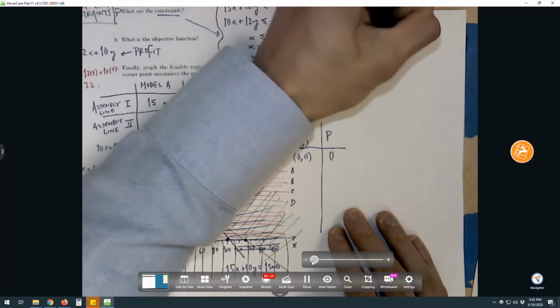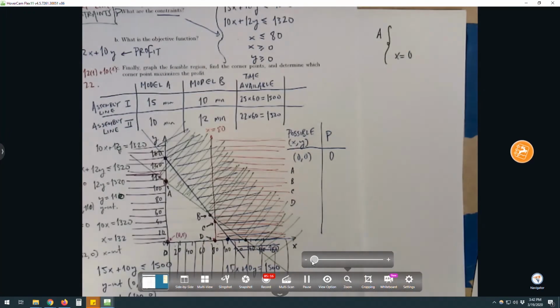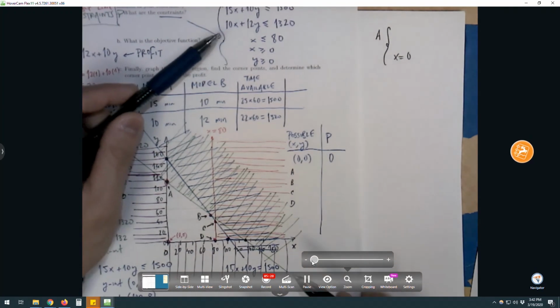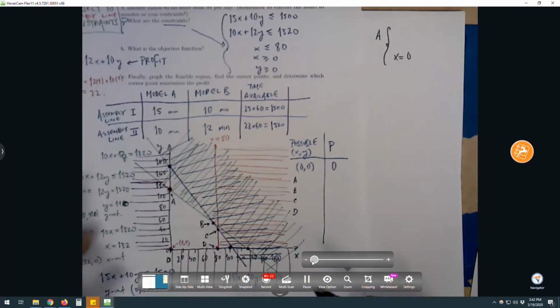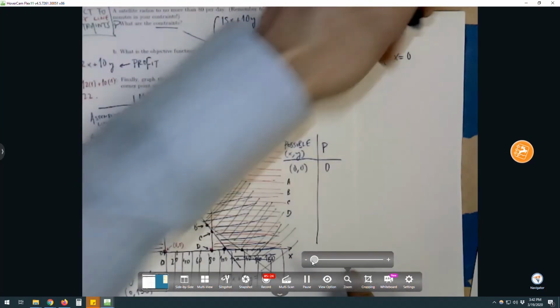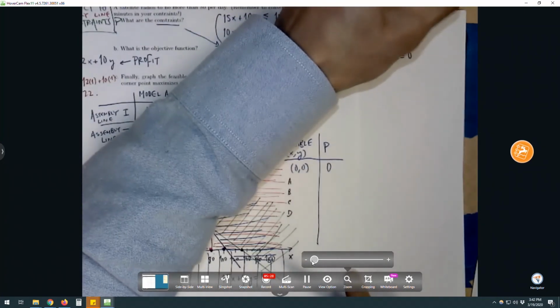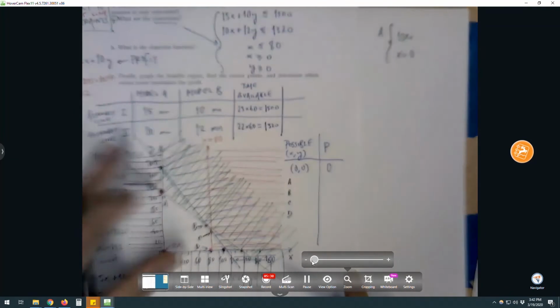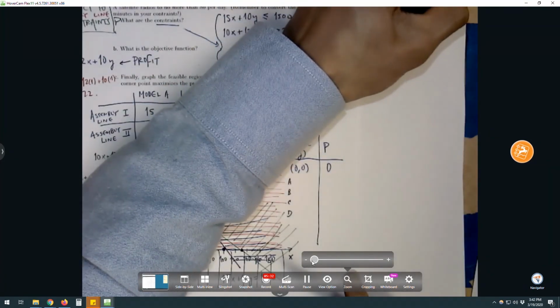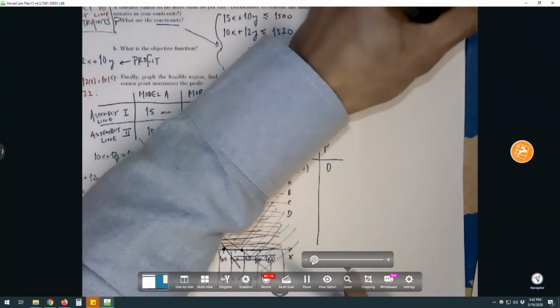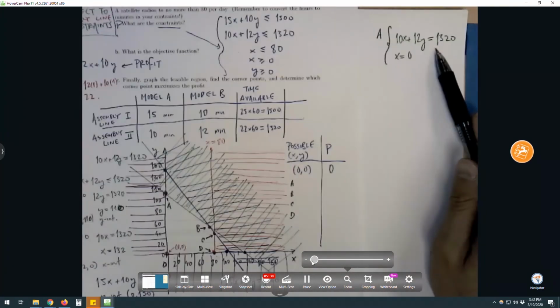So the y-axis is x equals 0. That green line is the second inequality here, 10x plus 12y is less than 1320. All right, so let me use green here. 10x plus 12y is equal to 1320. Okay, so that's the equation of the line.